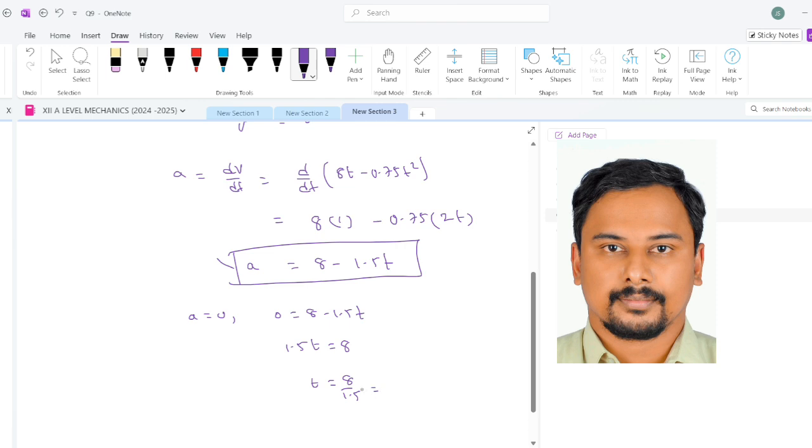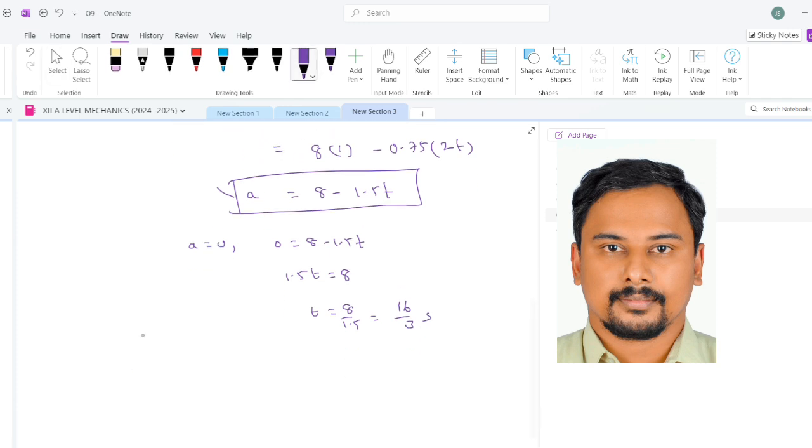You can also write this as 8 by 3 by 2, that becomes 16 by 3 seconds. Now substitute this into the velocity equation.